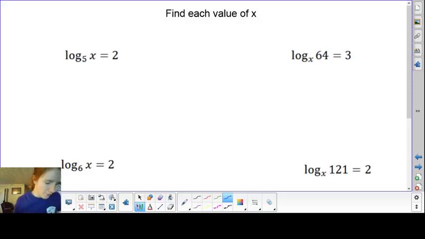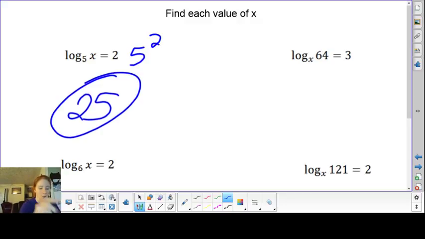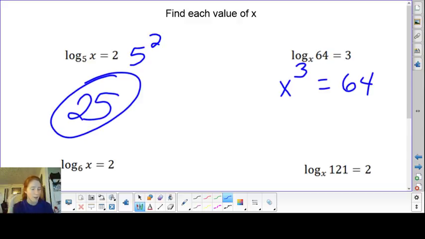Alright, so we're going to go ahead and find each value of my x. So I have my base of 5 to the exponent of 2 is going to be 25. Good. This one time my base is x, so x to the 3rd is 64. So I want to undo that by taking, not the square root, but the cube root, because it's the 3rd power.